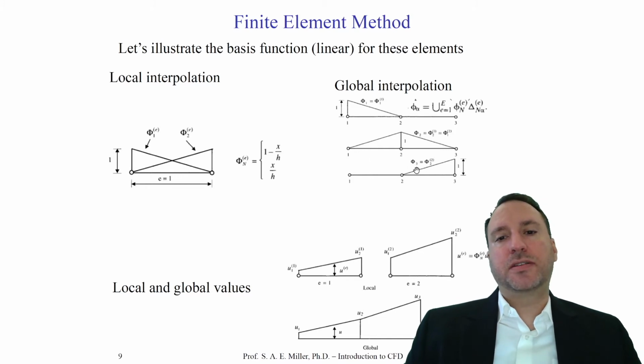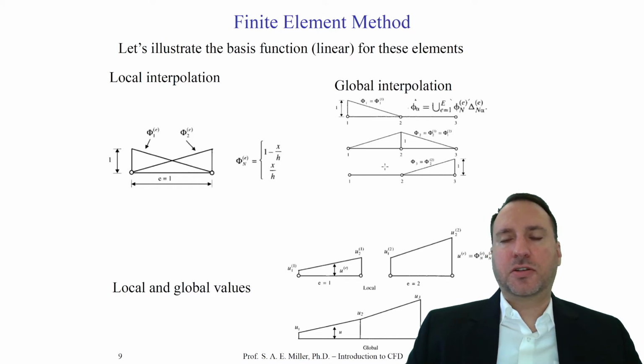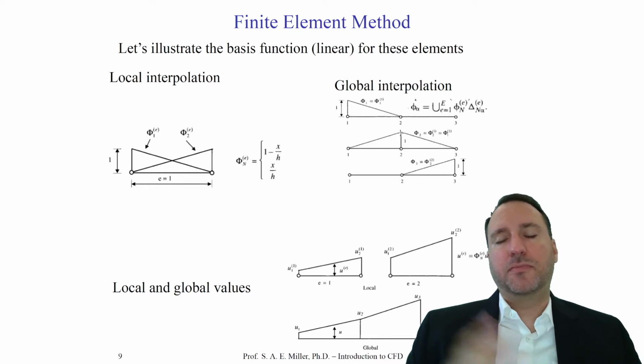You might also increase the number of grid points, and you can reconstruct any type of function. You'll note that in this formulation, the functions we can construct in the global domain would be continuous, but that's only because we've imposed a constraint that in particular nodes we only can have one solution. That is, the solution at, say, node 2 is equal to the solution of node 2 from element 2 and element 1.